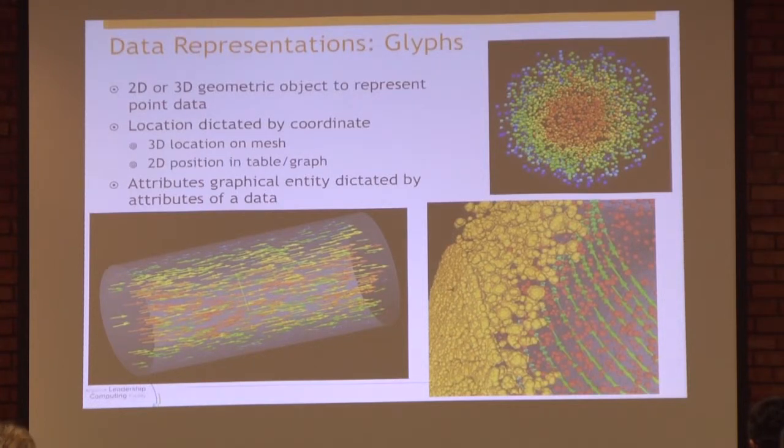Similarly, in the lower left, it's actually the same data set, but instead of just using little spheres to represent each particle, we're using a little arrow. Each of those arrows is first scaled by the magnitude of the velocity. You can see the ones on the outside are very small, the ones near the center are larger, and the direction is dictated by the direction that the velocity is moving.